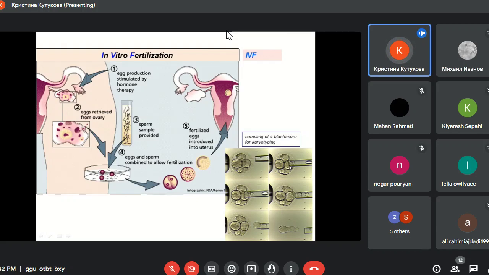We can also check DNA to be sure that everything is okay with DNA in this particular embryo. So we use a pipette to take one of the blastomeres. We check it, and if everything is okay, we place this embryo into the uterus of the same woman.